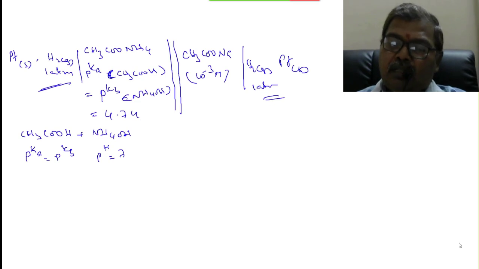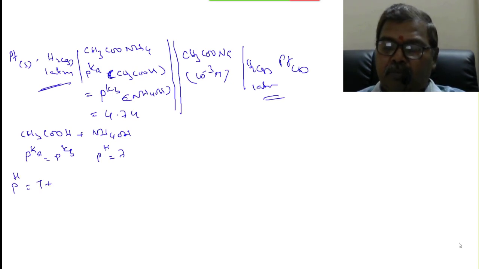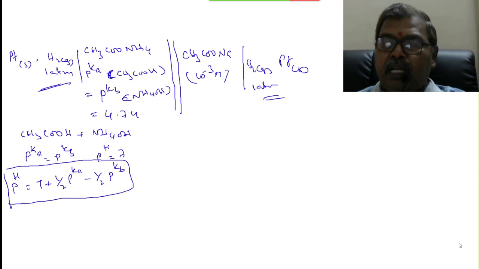for other salts of weak acid and weak base, to find pH, you have to use this formula: 7 plus half pKa minus half pKb. So this is the formula we have to use to find the pH of a salt of weak acid and weak base in aqueous solution.